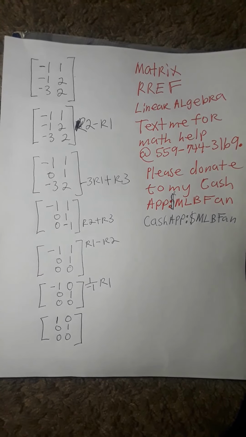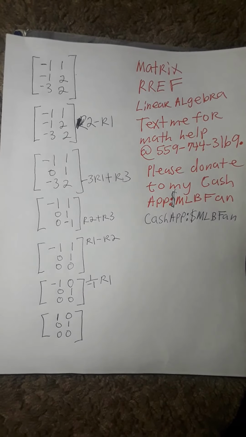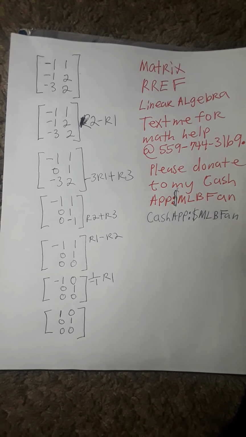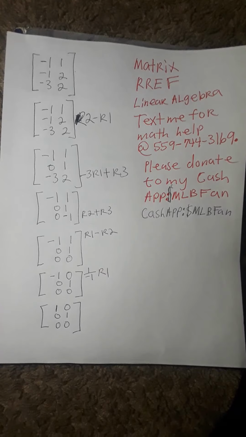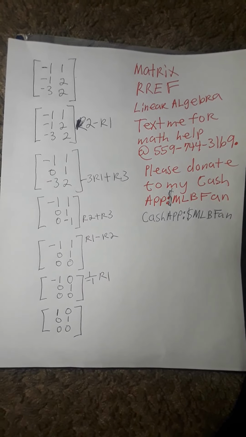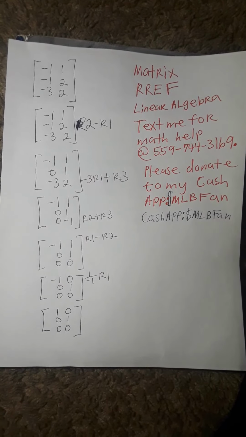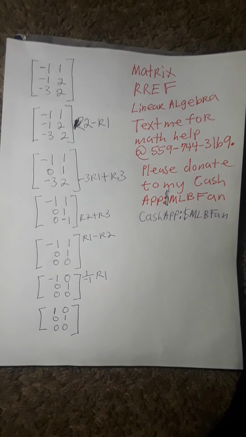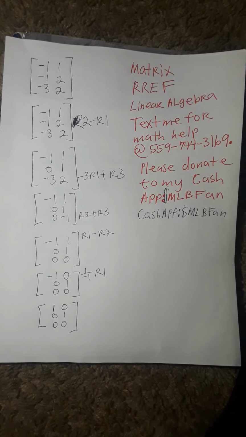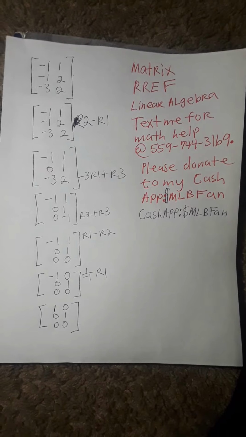Here we see 3 rows and 2 columns, so this is a 3 by 2 matrix. The object is to reduce the matrix all the way down to attempt to get the identity matrix.